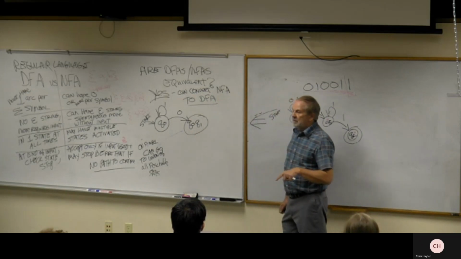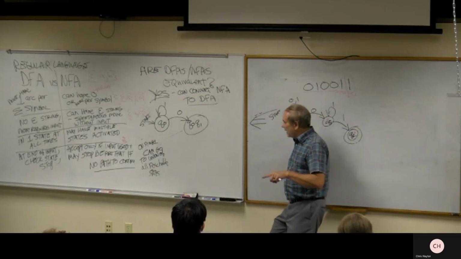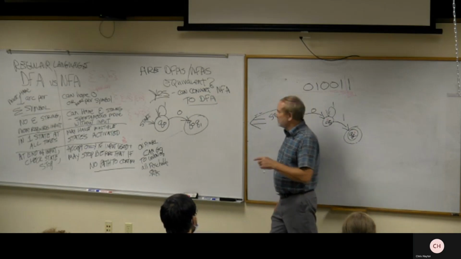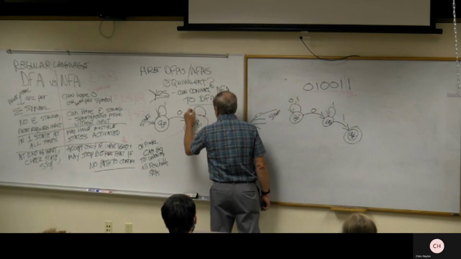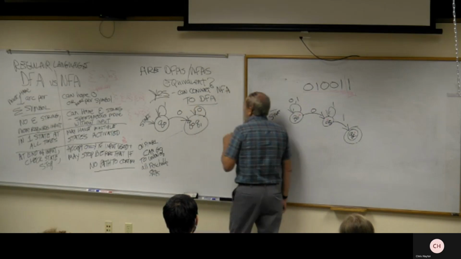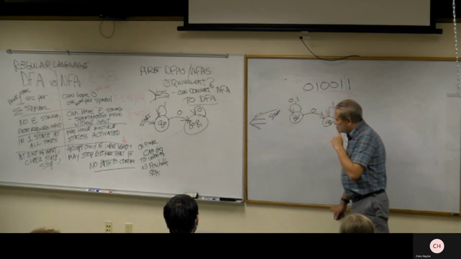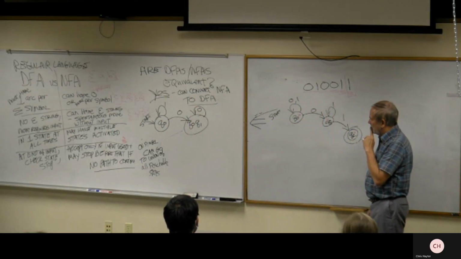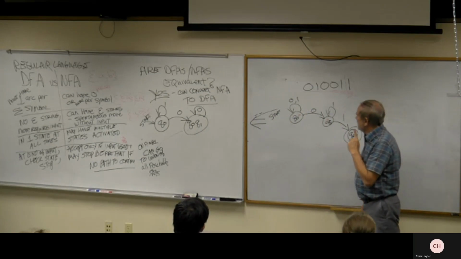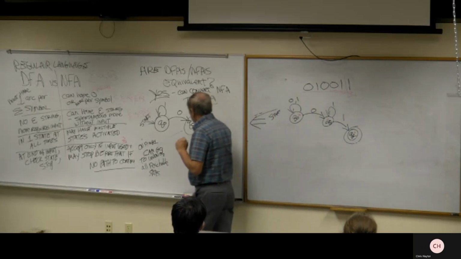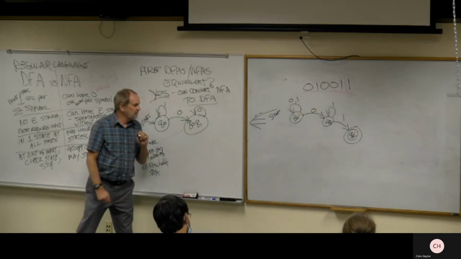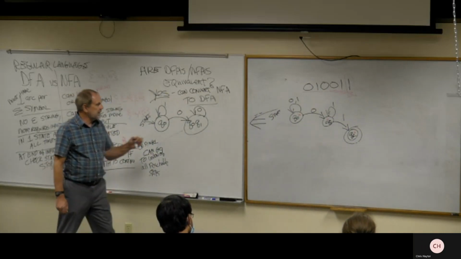Here's where it gets a little divergent. Where can I go on a 1 from Q0? Q0 on a 1 goes to itself. What about Q1 on a 1? Q1 and Q2.